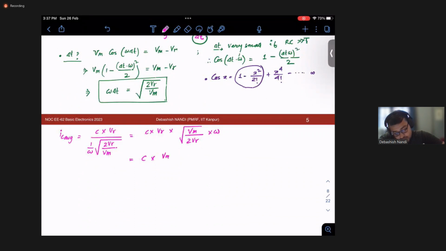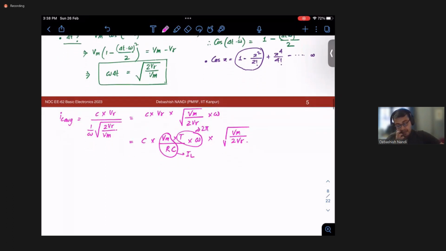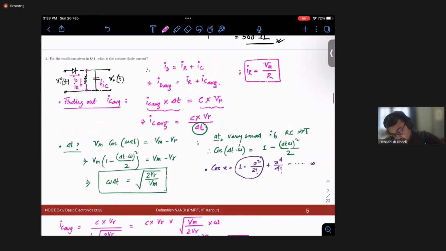Then C into Vm T over RC into omega into root over Vm by 2VR. This we can write with omega as 2 pi by T, and this we can write as IR, right?